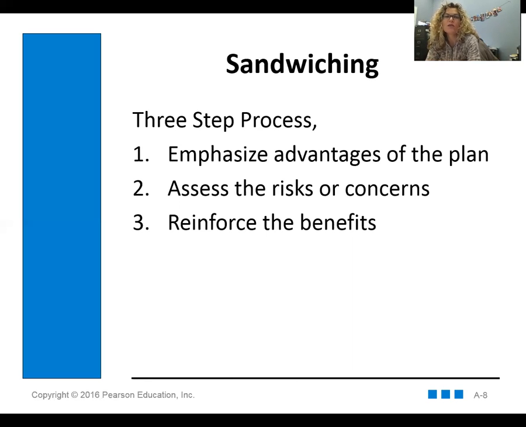And then talk about, because we recognize these concerns, here are some things that we can do to prevent them or minimize them from happening. And then go back and reinforce the key benefits. That's a very persuasive approach. It earns you some credibility as a presenter that you've done your homework, and that's part of gaining some of that power in order to influence your audience.